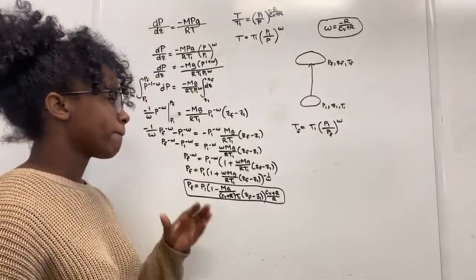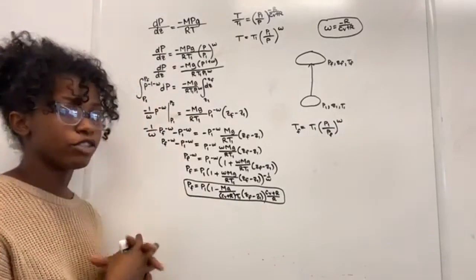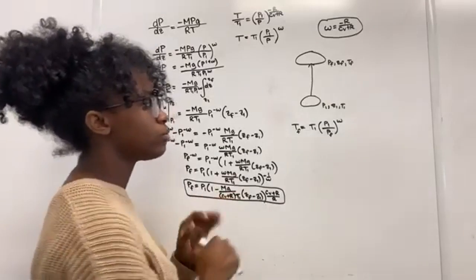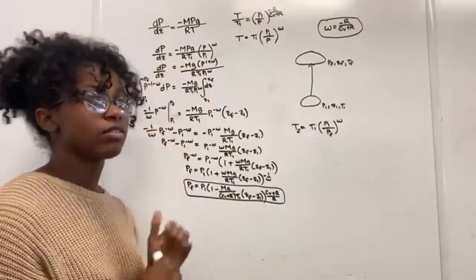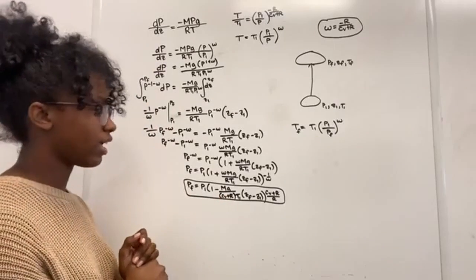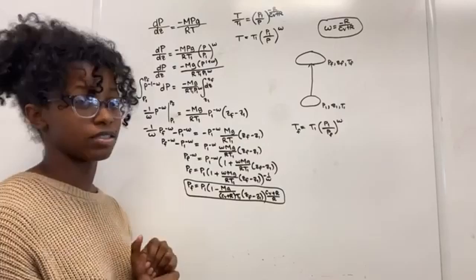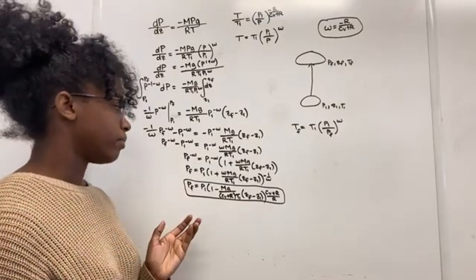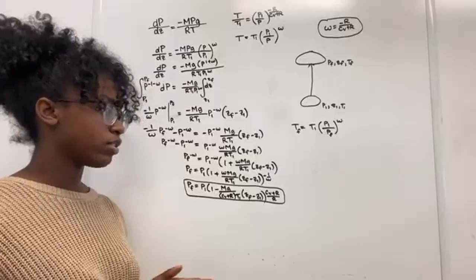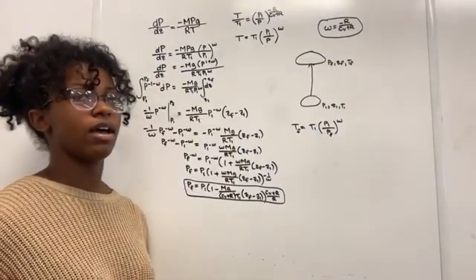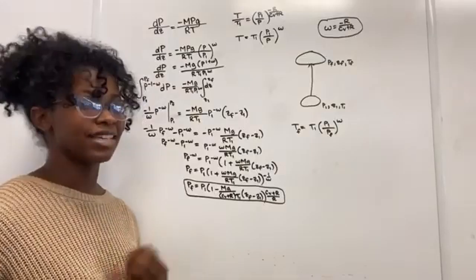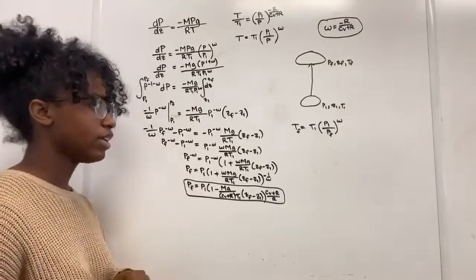And so we have derived the equation for the final pressure, which we want to input into our equation for the final temperature, but this is an extremely long equation and it would probably take us a long time to do. But it does work out wonderfully when we do it algebraically, and I'm going to break it down so that it makes more sense and gives us the same outcome.